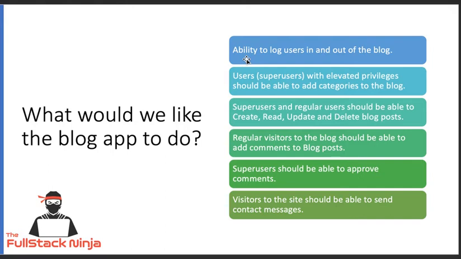We want a case where, when comments are added, an admin user or a super user can come and approve or disapprove the comment. Once that comment is approved, it's going to show on the blog post. We want visitors to the site to be able to send contact messages to the admin users. Maybe they want a writing gig or something.